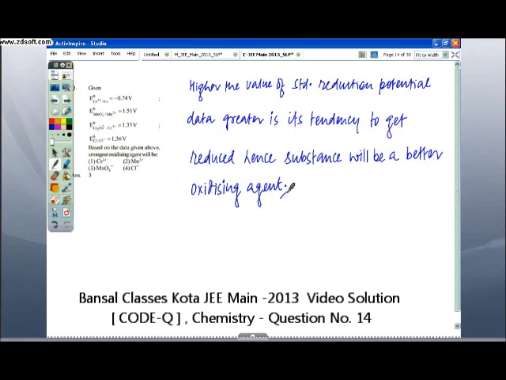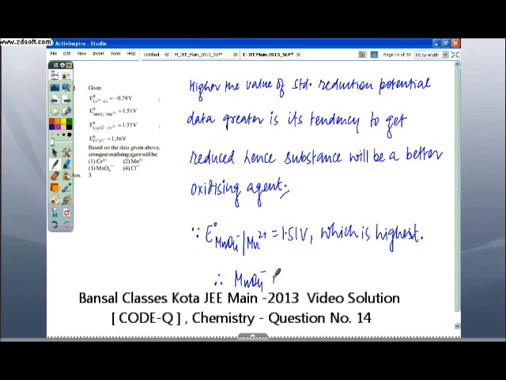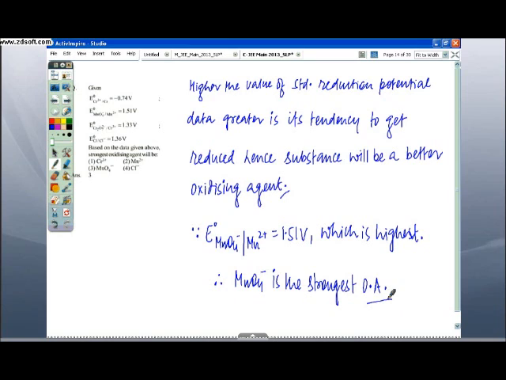Since E0 MnO4- to Mn2+ is equal to 1.51 volt, which is highest, therefore, MnO4- is the strongest oxidizing agent. So third is the right answer.